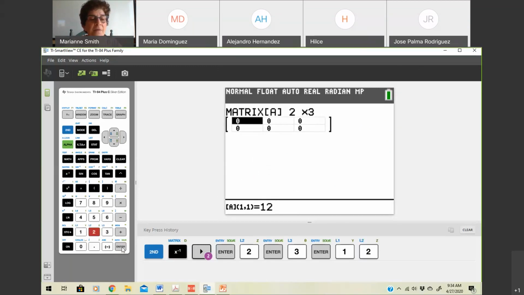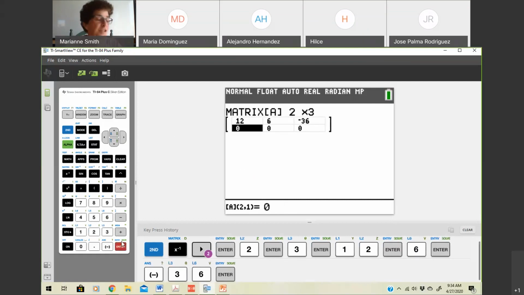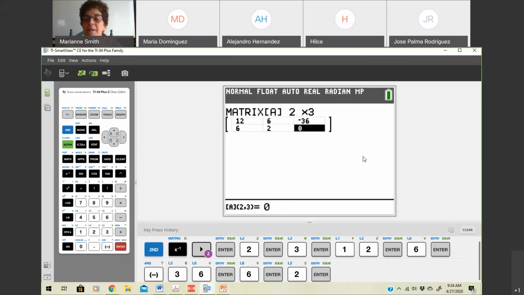So I had a 12, a 6, and a negative 36 for the first equation. And my second equation was 6 for x, 2 for y, and 0 for the right-hand side. Okay, so that's how I translate that system. I'm just taking the coefficients and the constants, and I'm putting them in the matrix. That's why it's important that everything be in the same order, because the matrix is keeping track of first column's x, second column's y, third column is the right side.